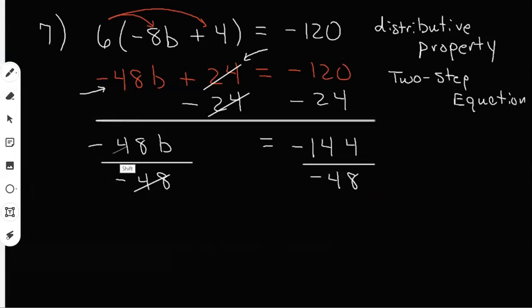They cancel out on the left side, so I'm only left with the b. And then on the right side, I've got negative 144 divided by negative 48. That's going to give me a positive number, since I've got a negative divided by a negative. And it's going to be a positive 3.